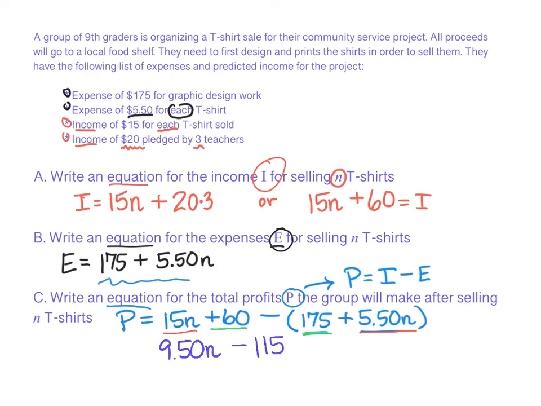But if I think about this situation, given the fact that I had to pay so much to have the t-shirts designed, and I only got $60 in donations, it's not all that surprising that I have a little bit of cost that I'm going to have to make up for at the end. So it looks like I have negative $115 that I'm sitting at right now that I've already paid for, that I'm hoping to make back with these t-shirt sales.